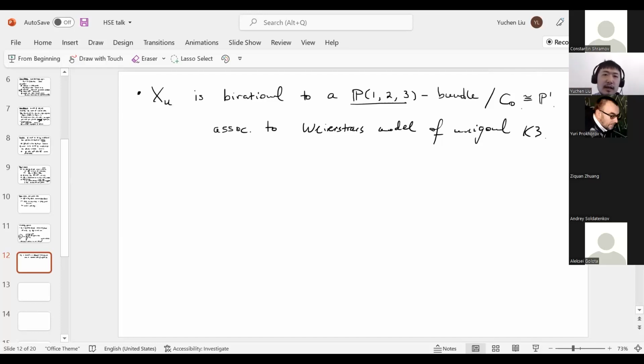So that's how you get this XU, and it turns out this XU is a Gorenstein Fano threefold with canonical singularities, with just an isolated canonical singularity.